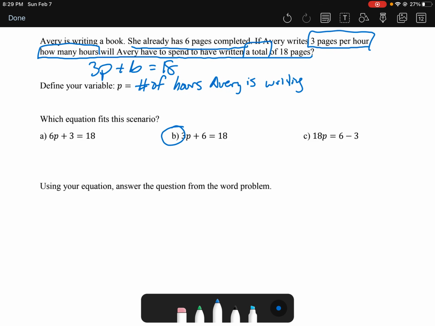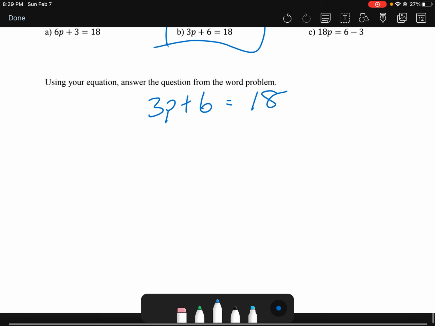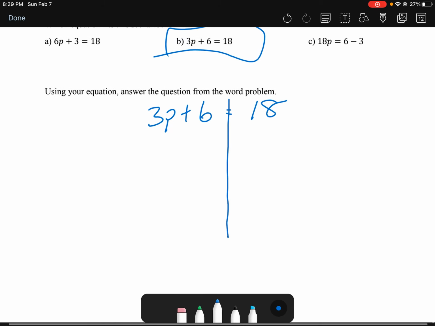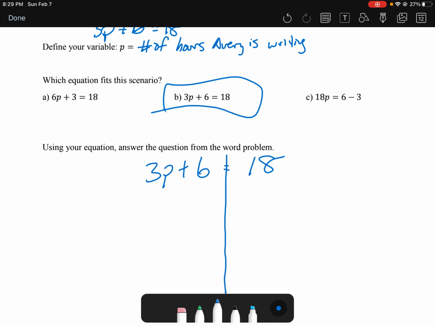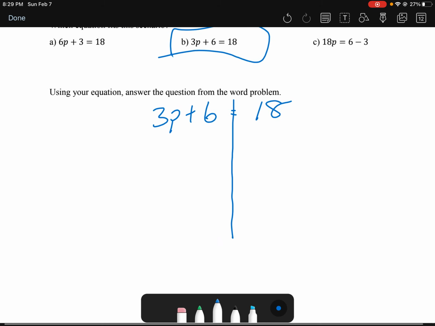Using your equation, answer the question from the word problem. So now that we've formed our equation here, 3p plus 6 equals 18, we have to solve this equation to find out what the answer is. So I'll go ahead and draw my line down the middle. Again, my main goal is to get P by itself, so I can find out the number of hours Avery has been writing.